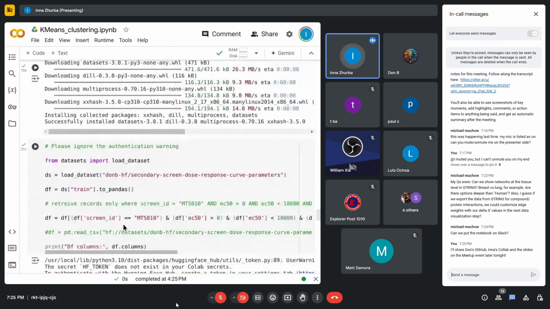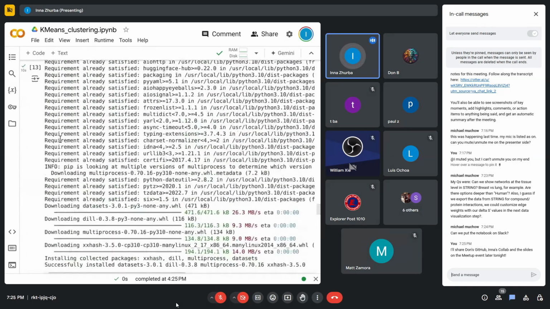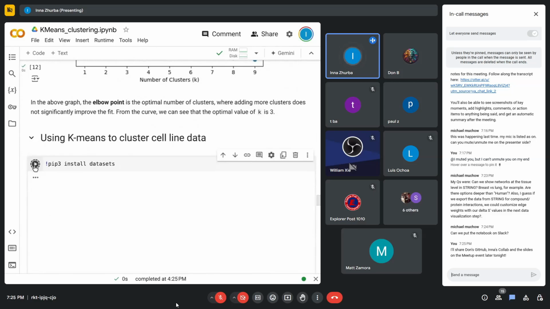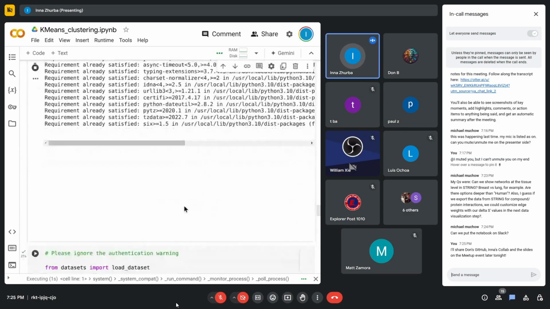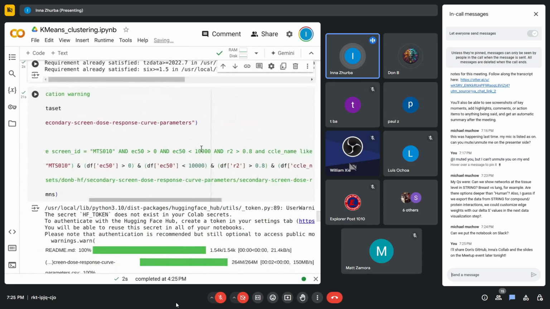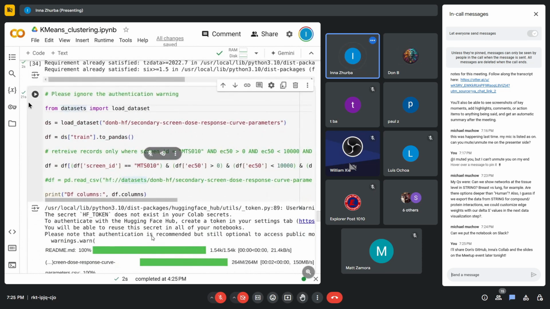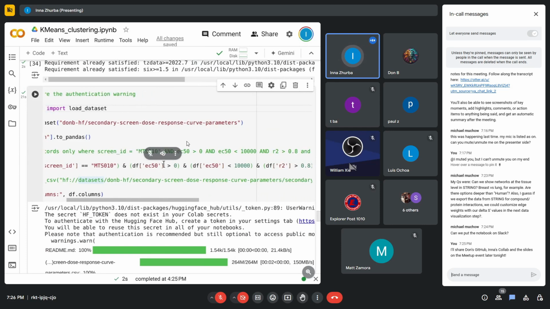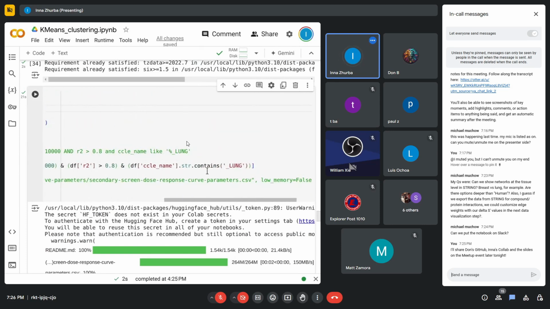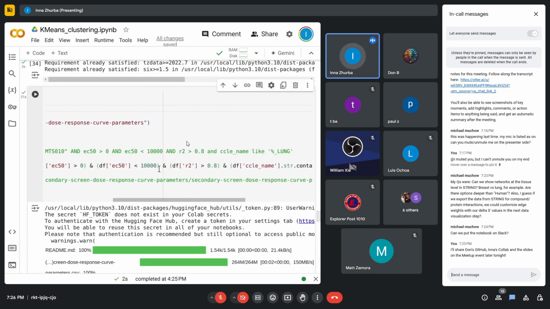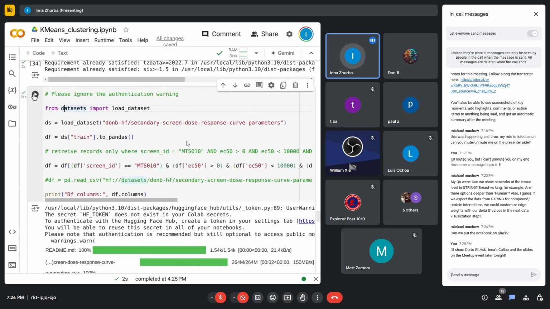And finally, this is kind of a stretch, and Don, you maybe can help me as well with getting the why and how useful that is. But here I tried to use Don's wonderful data set on the secondary screen dose response parameters, and selecting specifically lung cancer, to downsize the number of points.